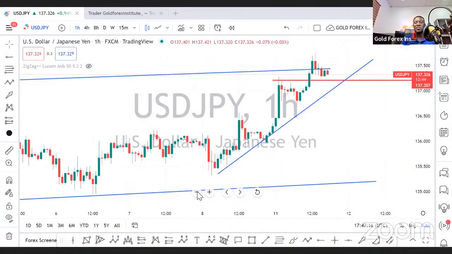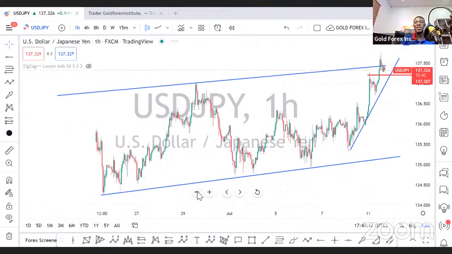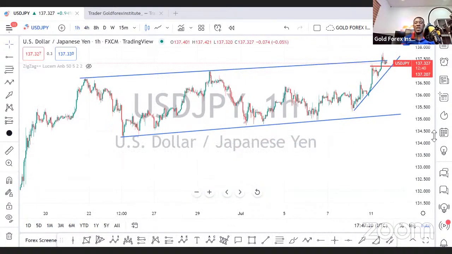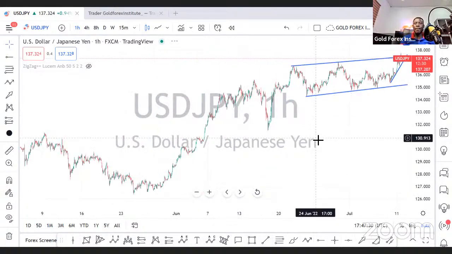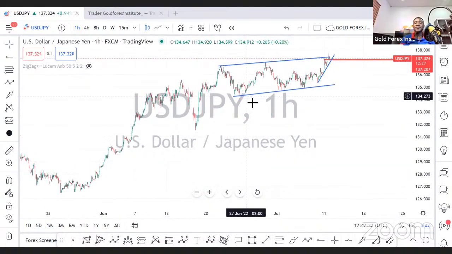You can see that I've drawn my line over here. Once it breaks this line down, I'm hoping that it will move all the way to this level. So this is actually a correction.